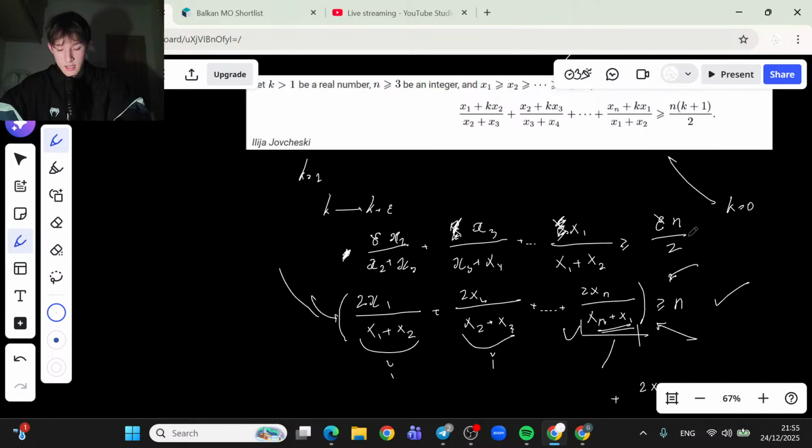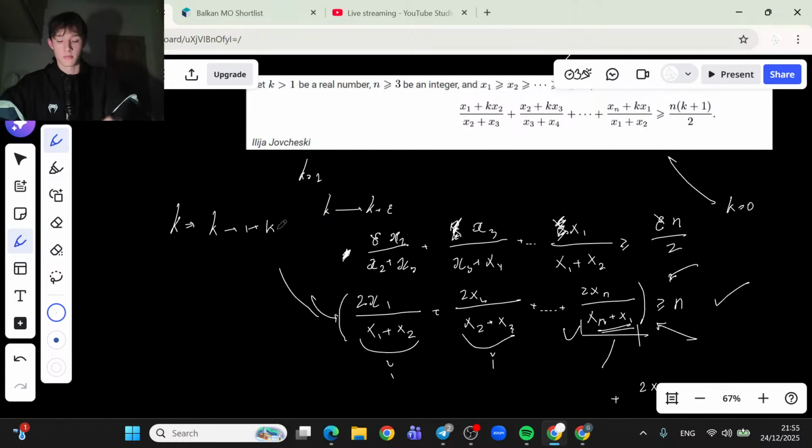Since k is greater than 1 and is a coefficient next to x2, that is a clear indication that maybe instead of writing k, we just substitute it with 1 plus k.